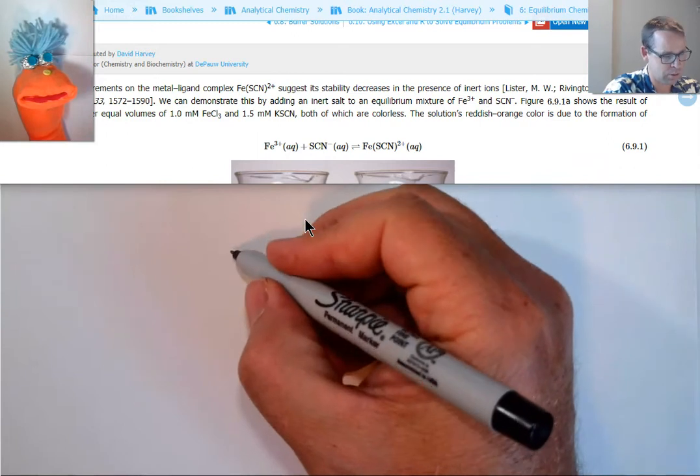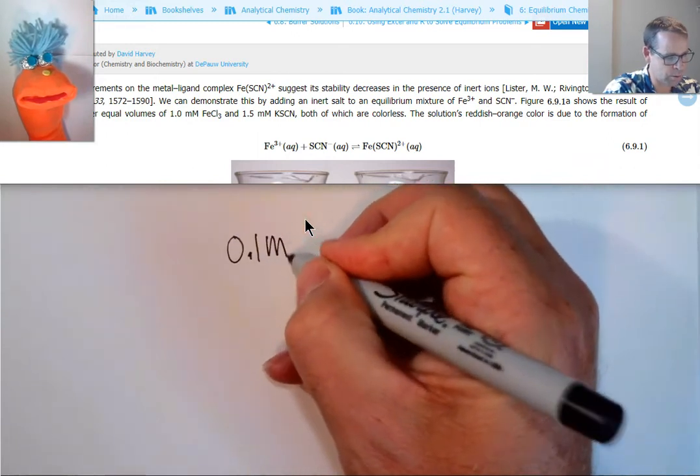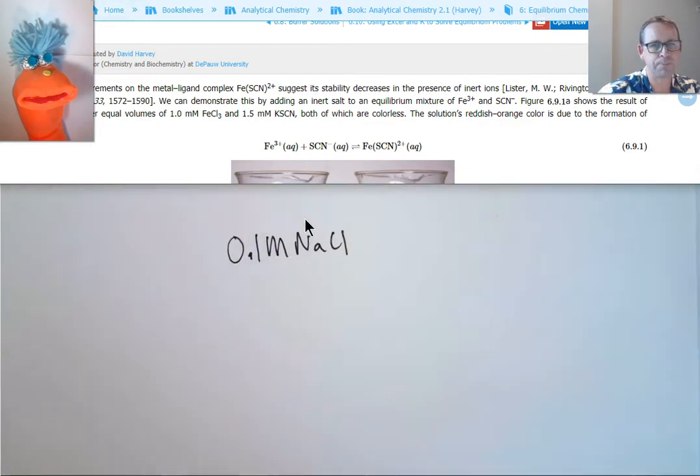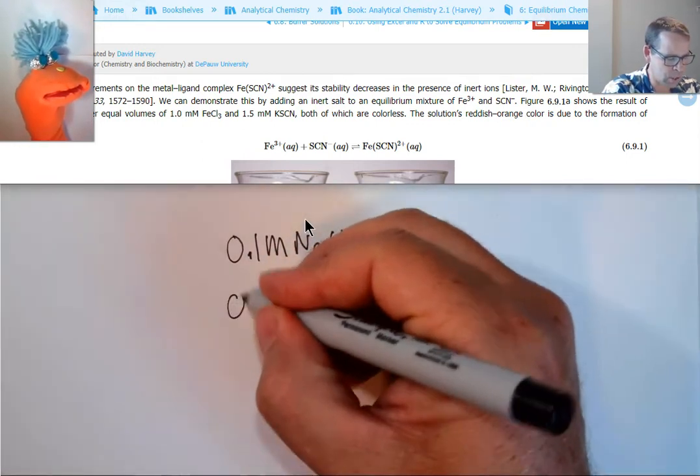So, for example, if I have 0.1 molar sodium chloride, what do you think the pH of that solution would be? Well, I know that if you add like 0.1 molar sodium carbonate, it'll change the pH. Okay, so let's talk about that.